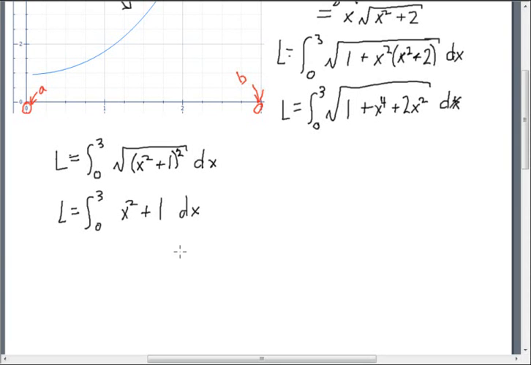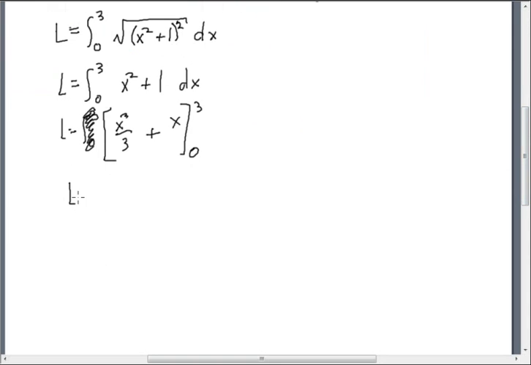And of course this is a very easy integral to evaluate, because the length is going to be x cubed over 3 plus x. Now we're integrating here, so this would be evaluated from 0 to 3.